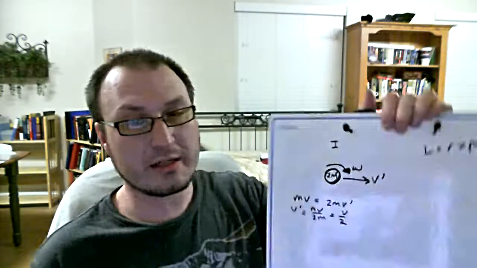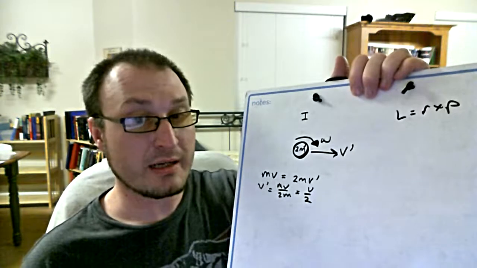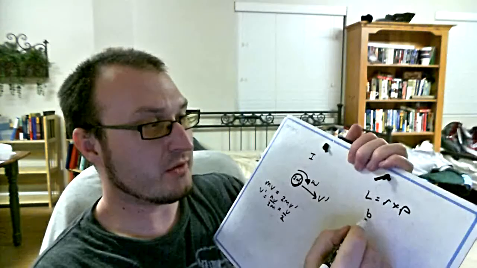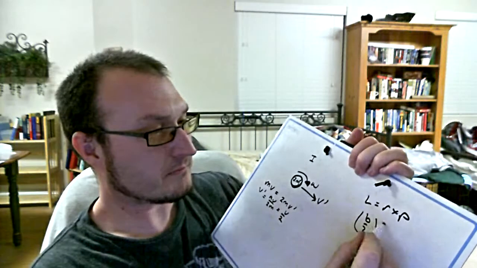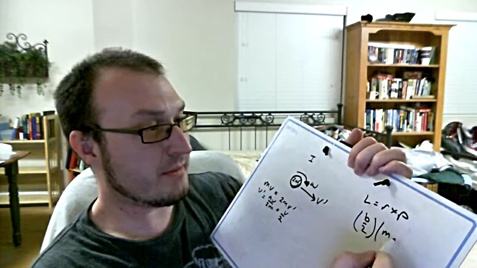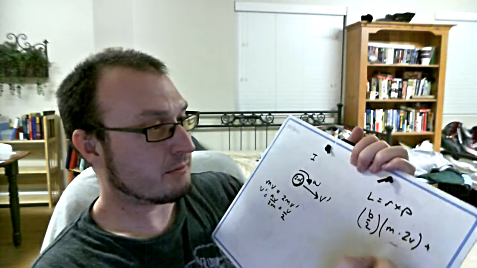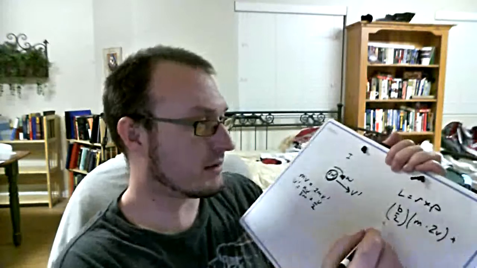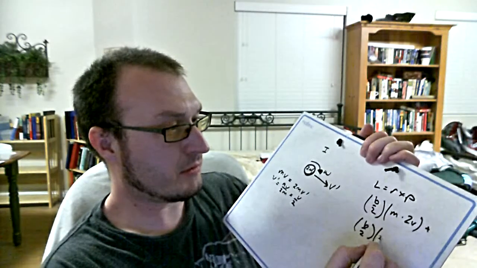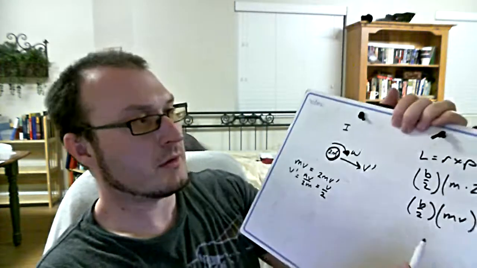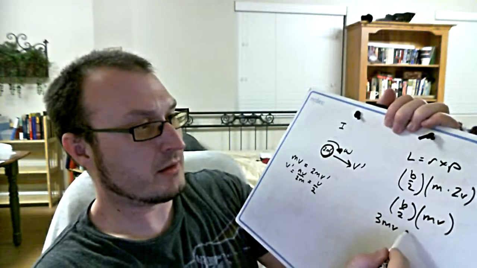Because they're at 90-degree angles, we don't have to sweat that too much. Really, we're just going to be multiplying it. It's r times p, which is b over 2, times the first skater, m times 2v, plus the second skater. This is my total initial angular momentum, and that is 3mv times b over 2.